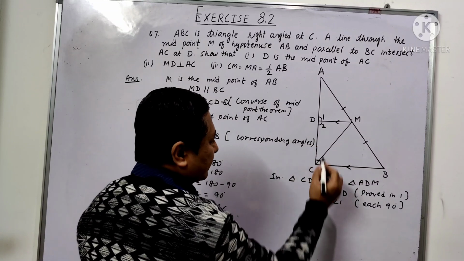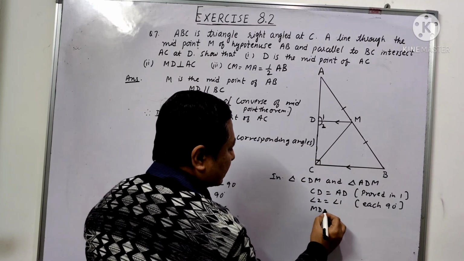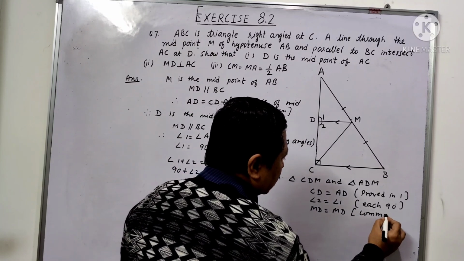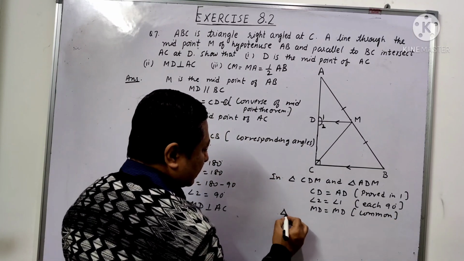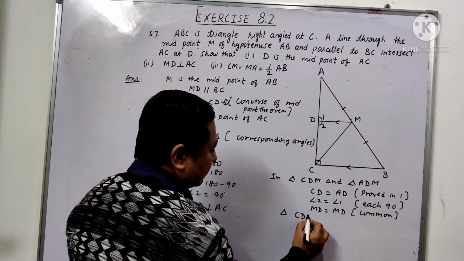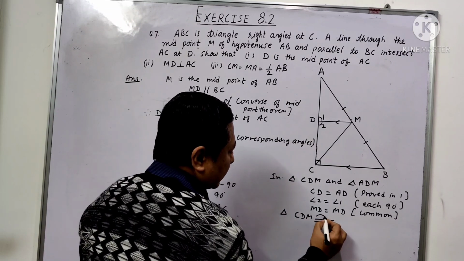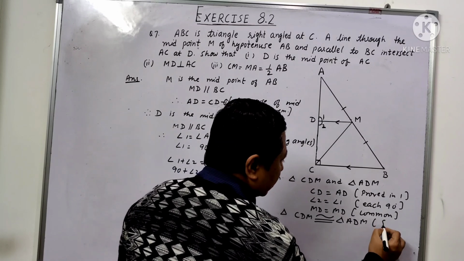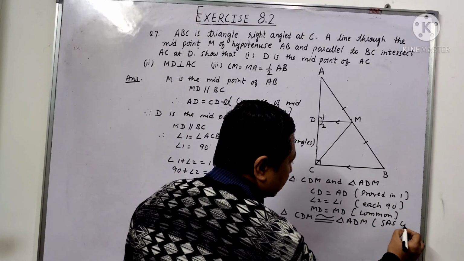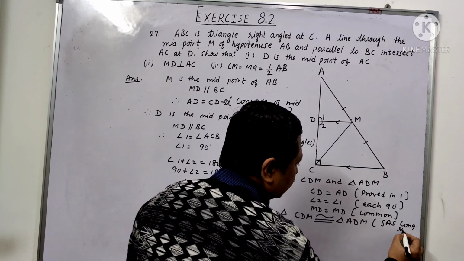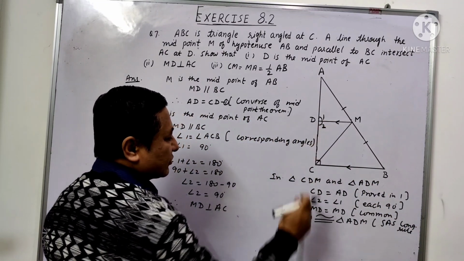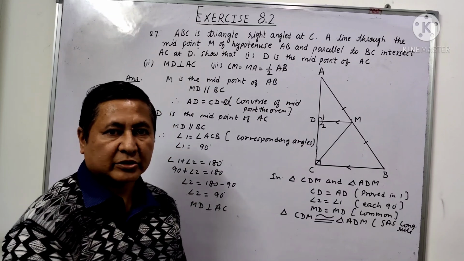And also MD is equal to MD, common. So these two triangles are congruent. Triangle CDM is congruent to triangle ADM by the side angle side congruence rule. So they are congruent by the SAS congruence rule.